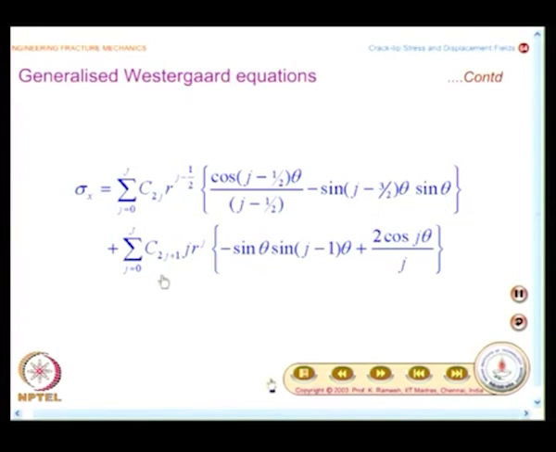You also have a second term, which is again a summation j equal to 0 to J of C2j plus 1, j into r power j, multiplied by minus sin theta sin (j minus 1) theta plus 2 cos j theta divided by j.